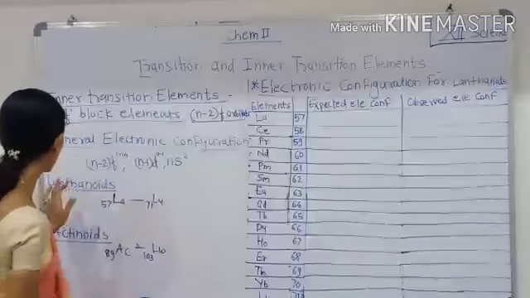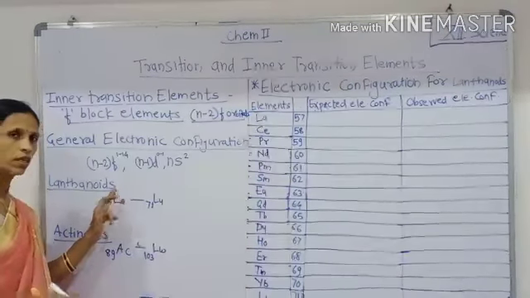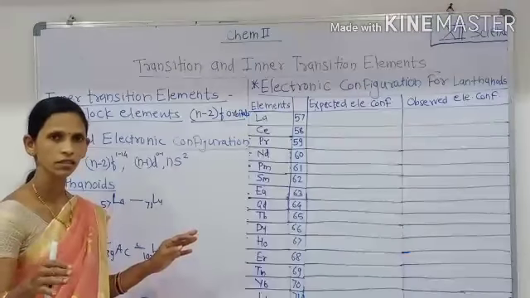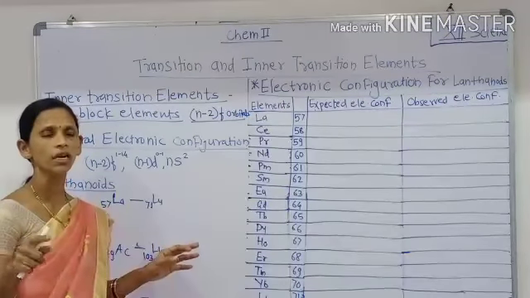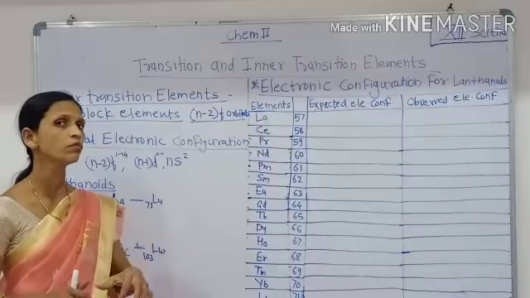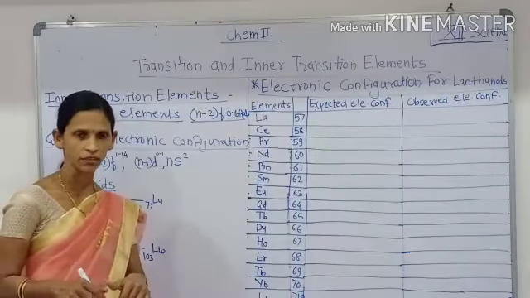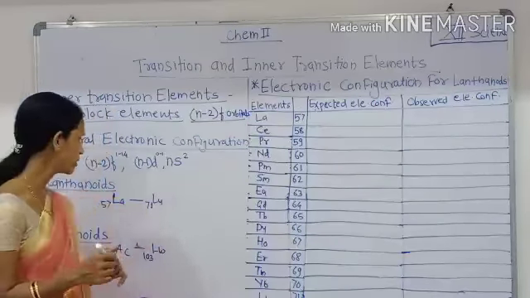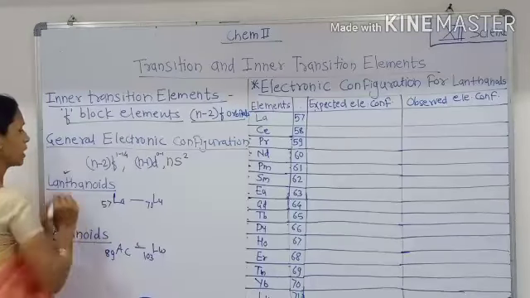First, the lanthanoids, in which there are 14 elements after lanthanum. Lanthanum is not considered in it. The 14 elements after lanthanum are called lanthanoids.